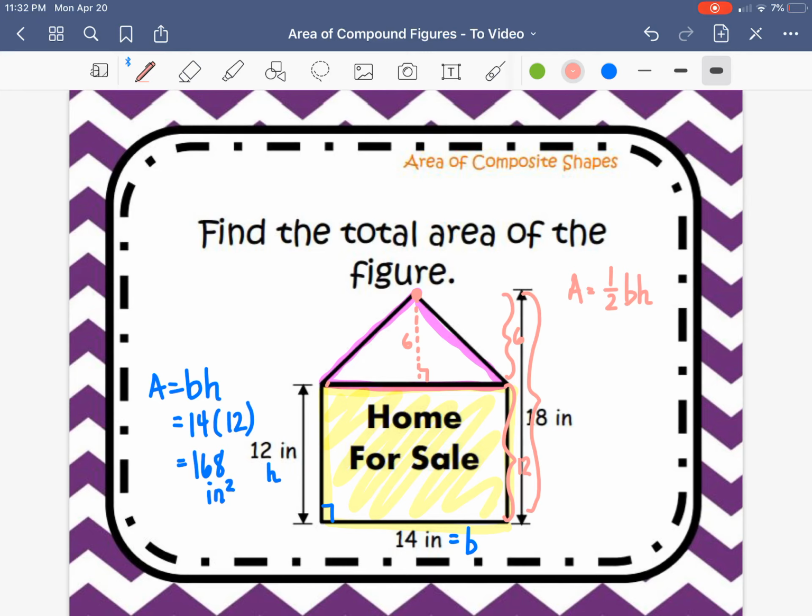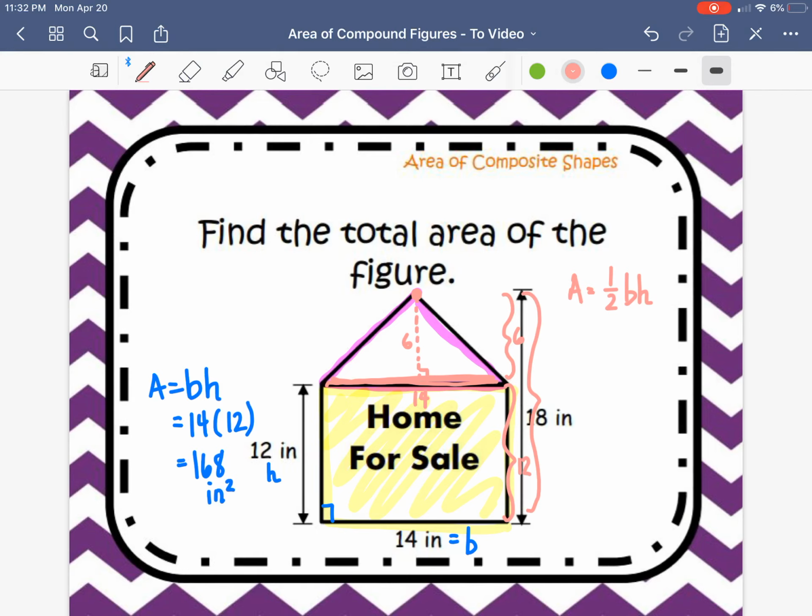Well, we need the base, and so here is the base. Even though it's not labeled, we have enough information. That base is also one of the side lengths of the rectangle, so it is congruent to its opposite parallel side, so 14 inches.